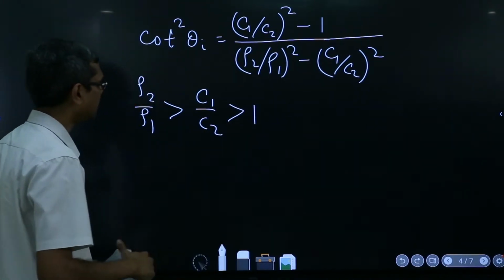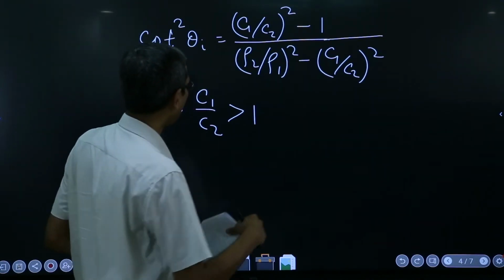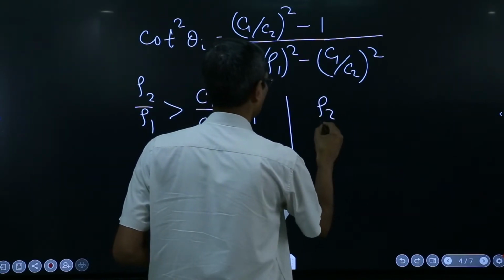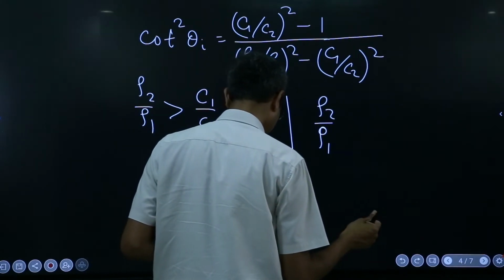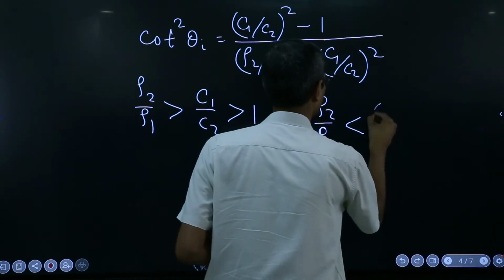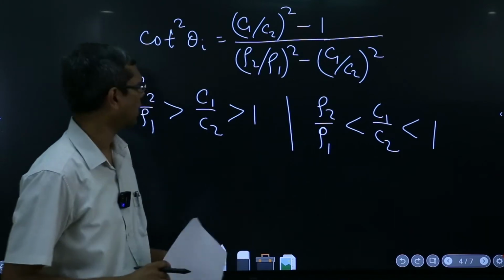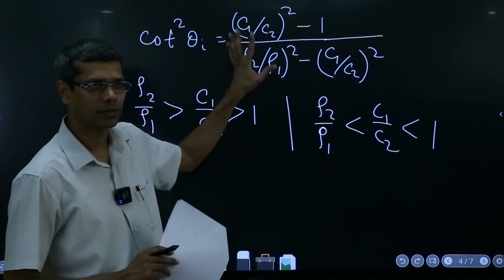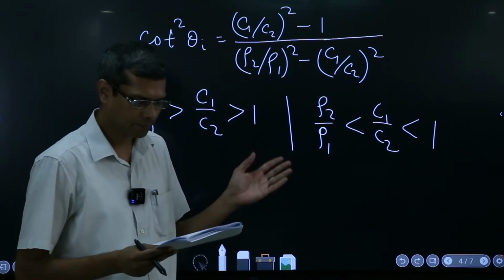So this is one case, and another case is rho 2 over rho 1 less than C1 over C2 less than 1. Under these two kinds of conditions, you can get into such a situation.